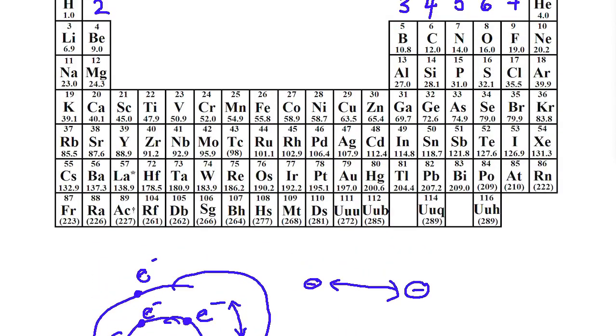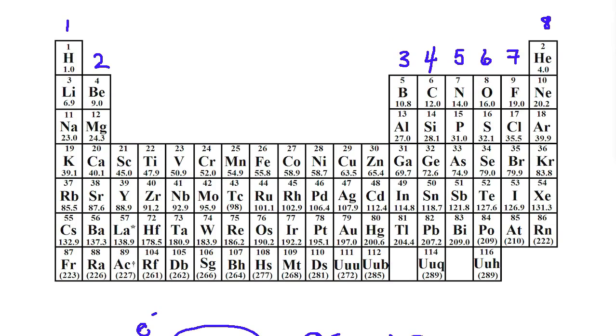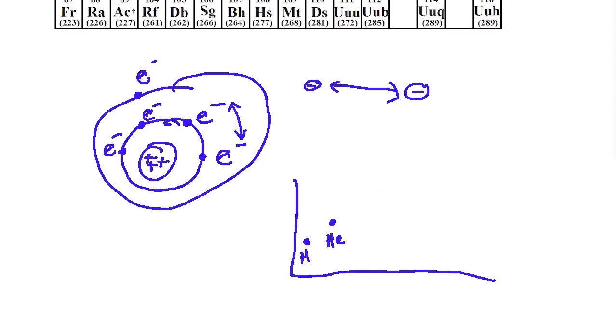As I'm adding protons, I'm pulling in the electrons, but then I open up a new shell when I go to lithium. So now I'm in the 2s instead of the 1s. So hopefully everybody sees what I'm talking about there.